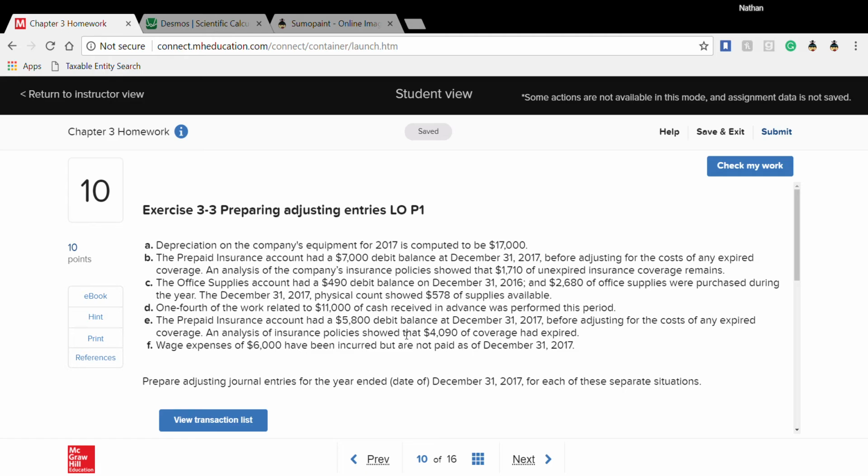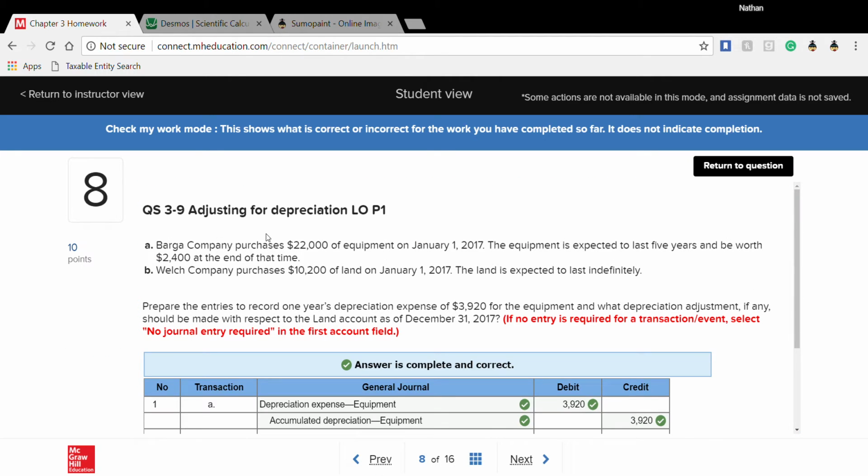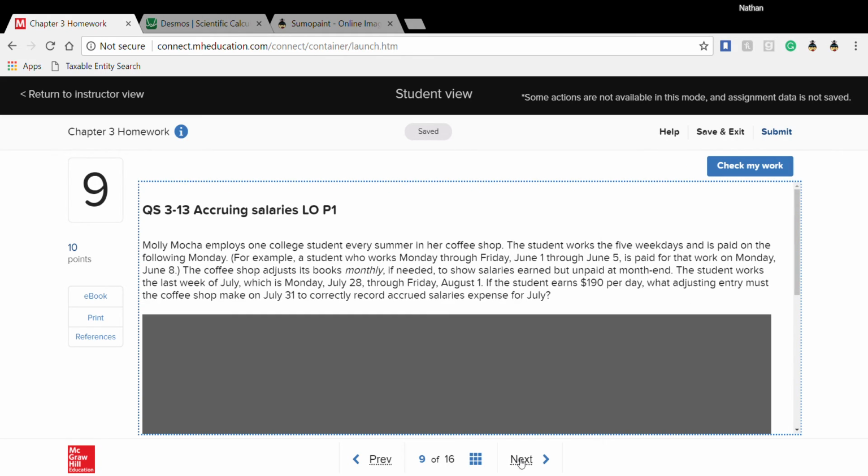Okay? So with question 10, starting with A. A is dealing with depreciation on the company's equipment for 2017, computed to be $1,700. That one was, I believe, question 8. So it's going to use this journal entry right here, except it's only going to use $1,700.